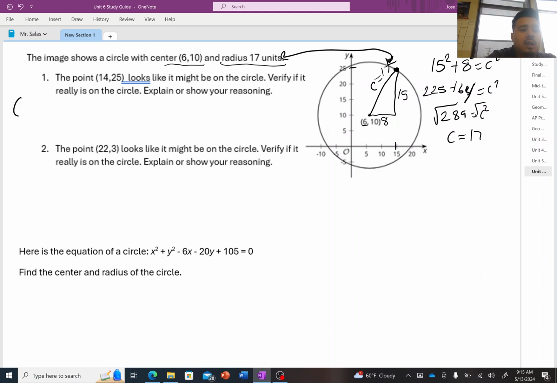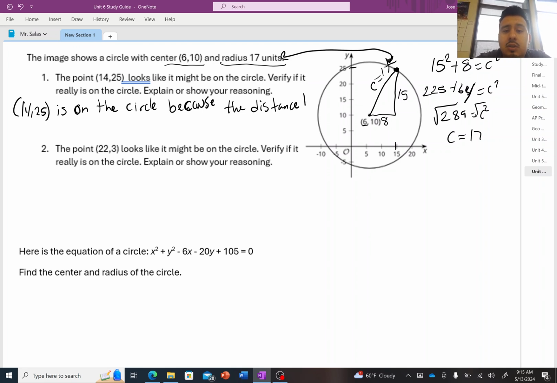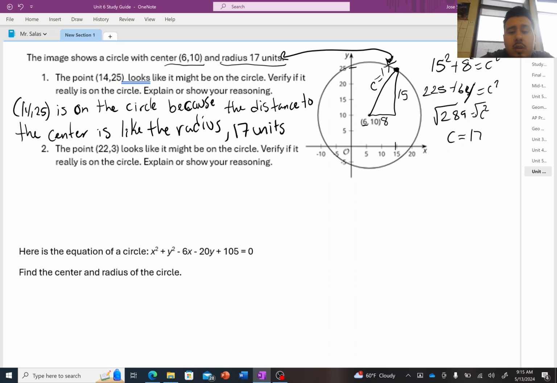So I can go ahead and say my answer is (14, 25) is on the circle because the distance to the center is like the radius, which is 17 units. Okay, that's for part 1 of this second problem.